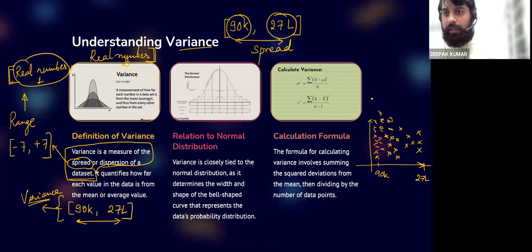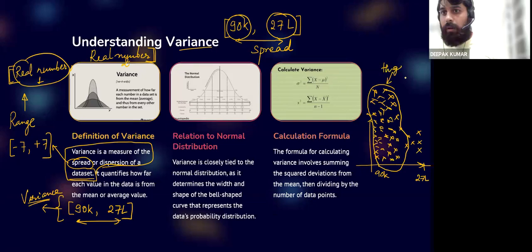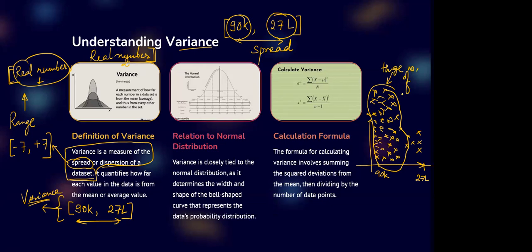So can you see the type of variance you observe in the data set? This is the visualization I have shown you, that in the structure of 90K to say certain lakhs, there's a huge number of people.